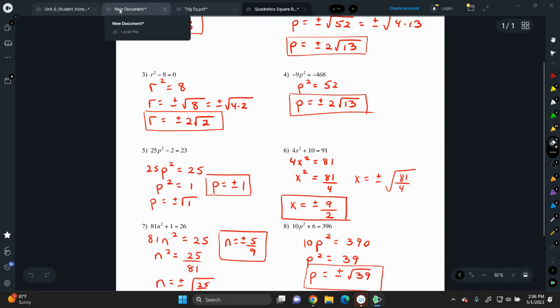All right, so now we are going to look at something else. What we're going to do is look at writing radicals in exponential form. So, first off, what is a radical?